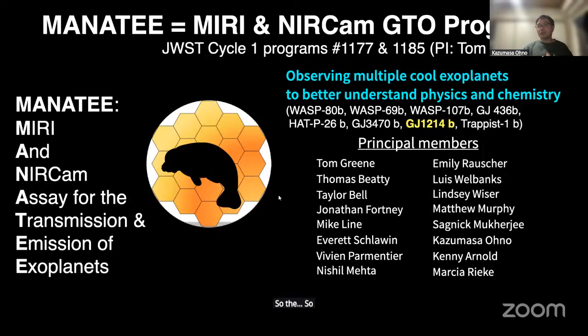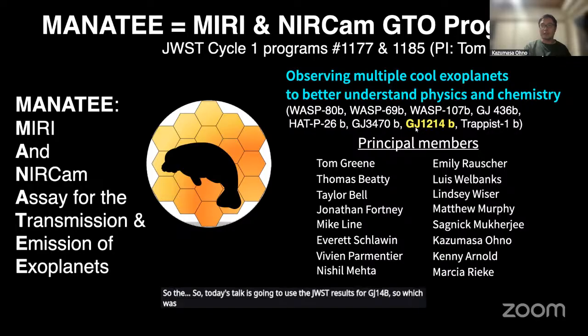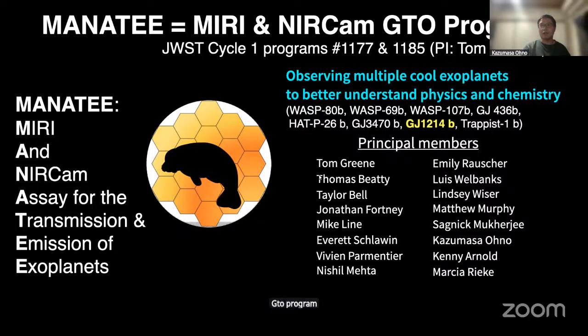Today's talk is going to use the JWST results for GJ 1214b, which were taken as a part of the Mid-size NIRCam GTO program led by Tom Greene called MANATEE.